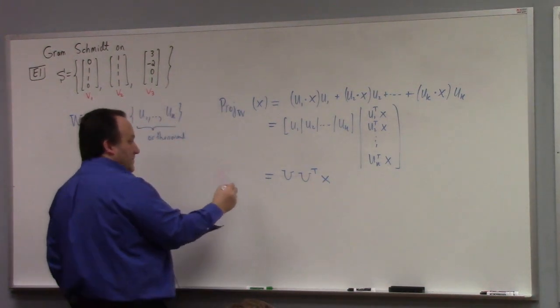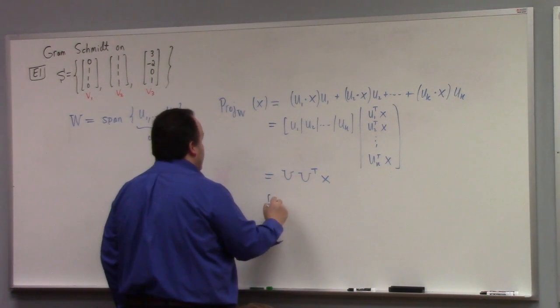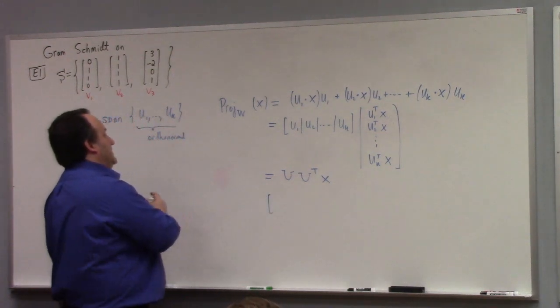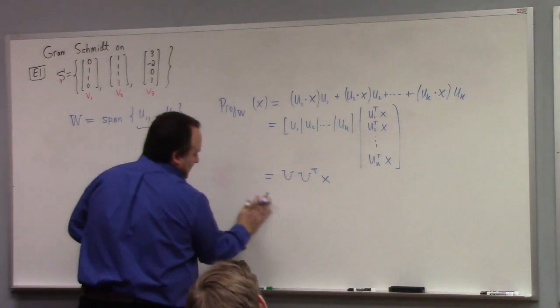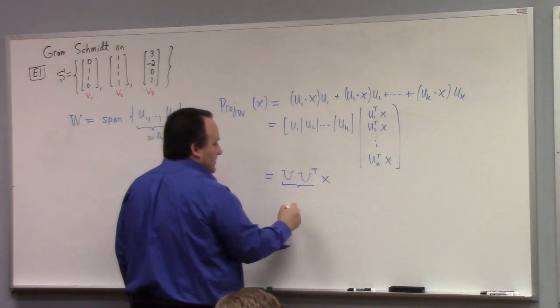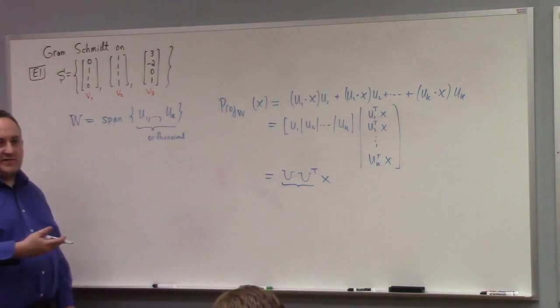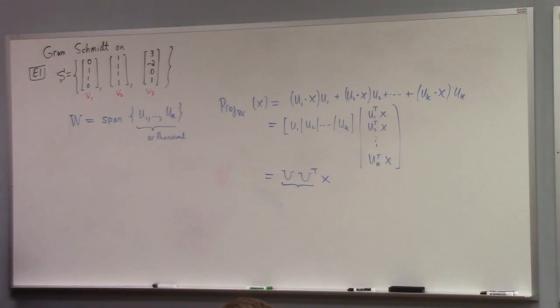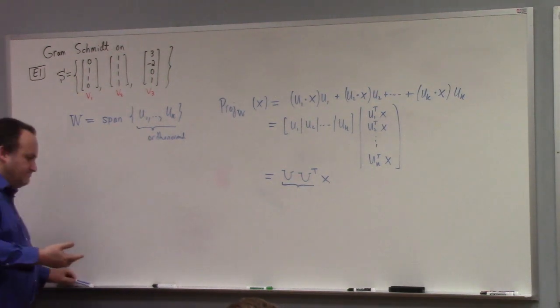So you see, this is a matrix which does the job of the projection. Excuse me. I was stuck on this last class for some reason. I don't know why.